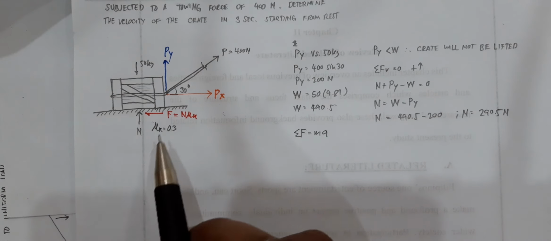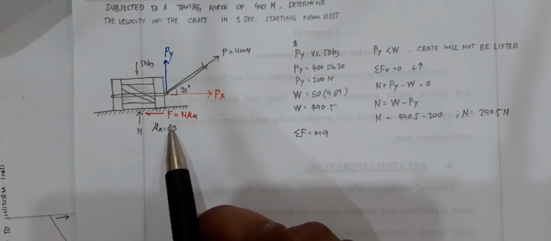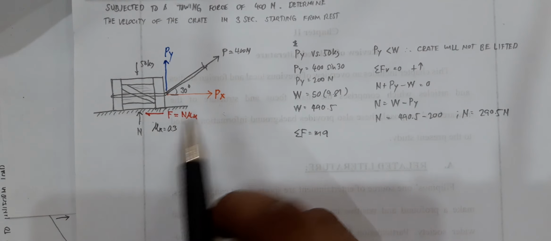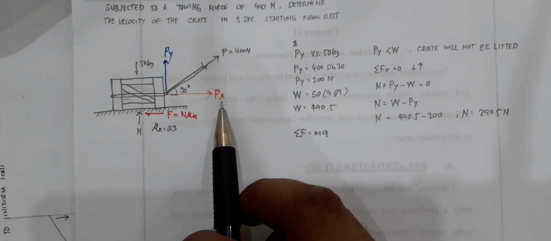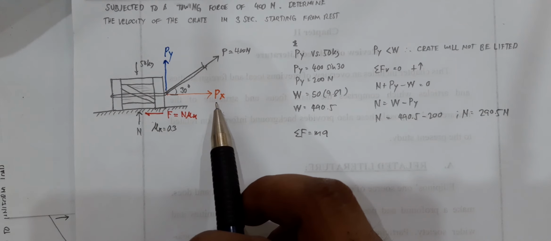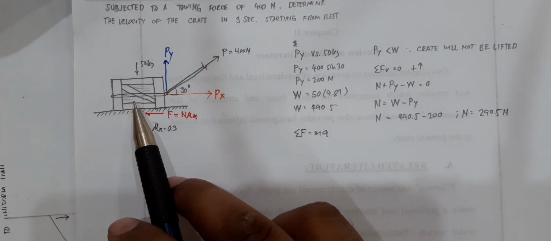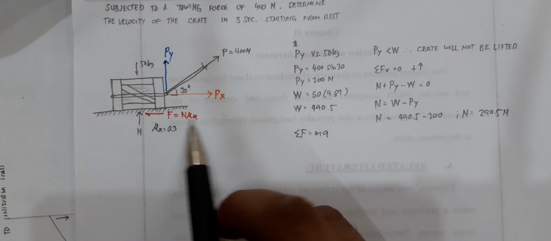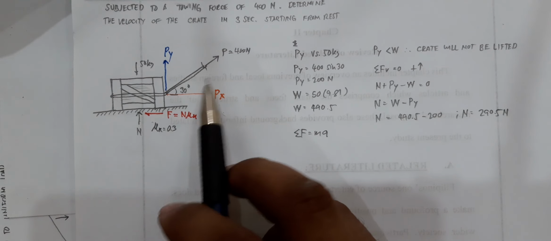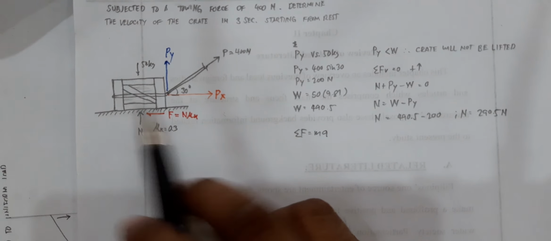Now, in the event that F is greater than or equal to Px, then you can conclude that your crate will not accelerate, since you have a greater frictional resistance compared to the applied force to move the crate.